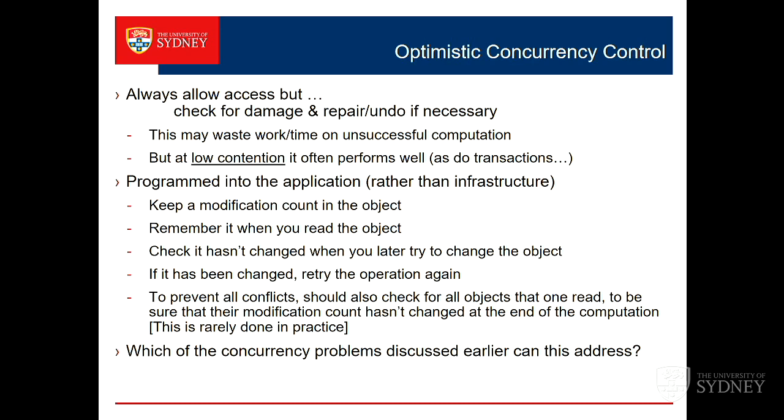It can waste work and time on unsuccessful repeating if there is contention, but it's a concurrency control scheme intended for low contention applications, in which case it performs well, but then so do conventional ACID transactions in the same type of low contention environment. You probably won't have any support for it in the underlying infrastructure. Instead, this is your responsibility as the programmer.